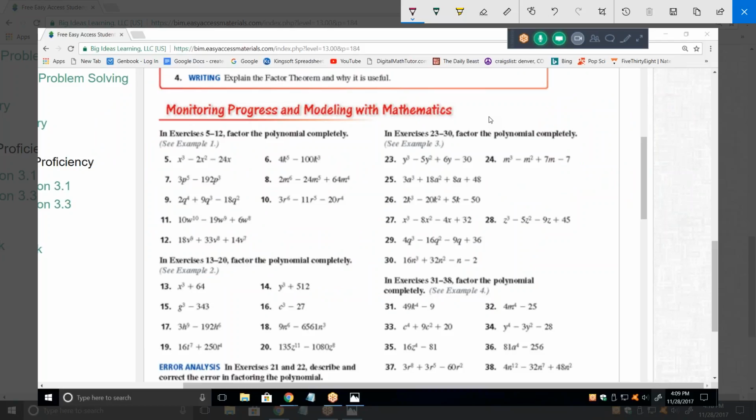First of all, let's examine whether it's going to lend itself to grouping. What do I have to know? Remember, the ratio of the first two coefficients has to be the same as the ratio of the last two coefficients.